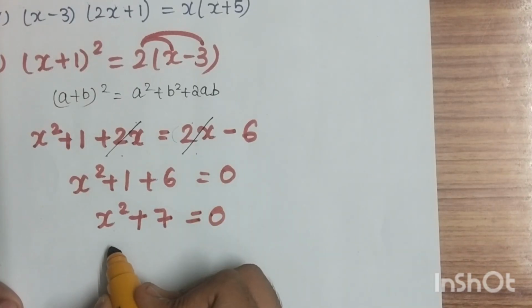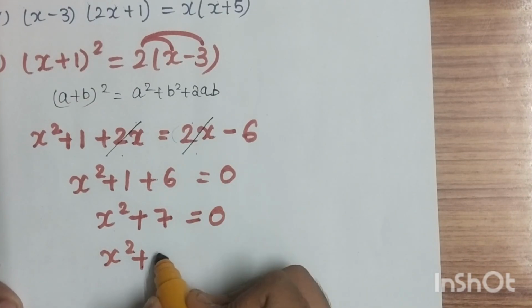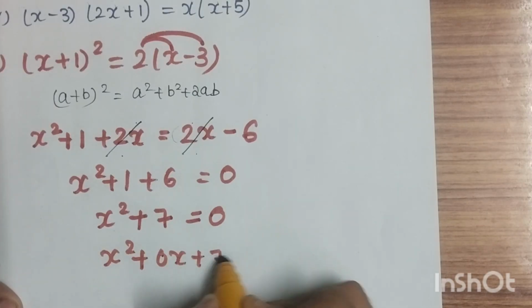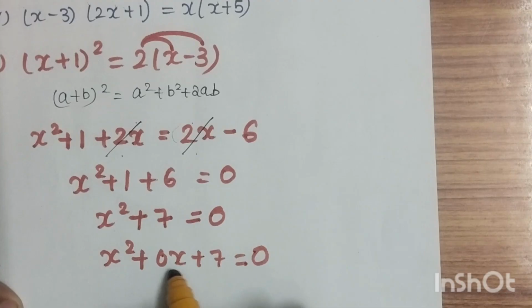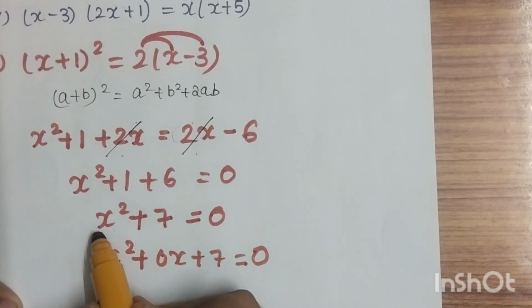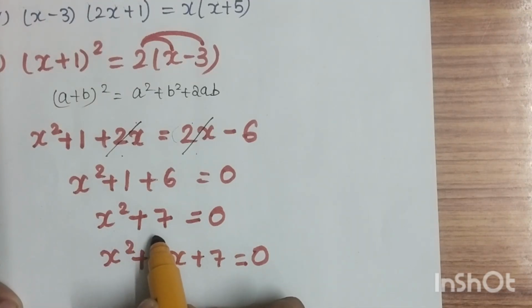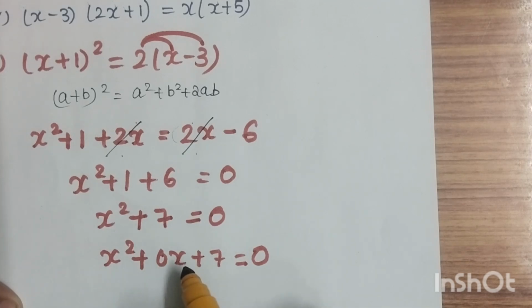So it is nothing but x square plus 0x plus 7 is equal to 0, because we don't have an x term here. Only one x square term and one constant is there. I have written 0x here, though it is not necessary.